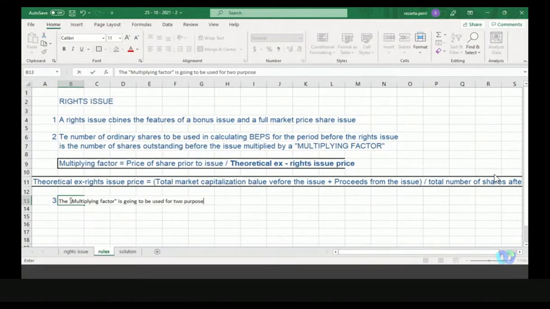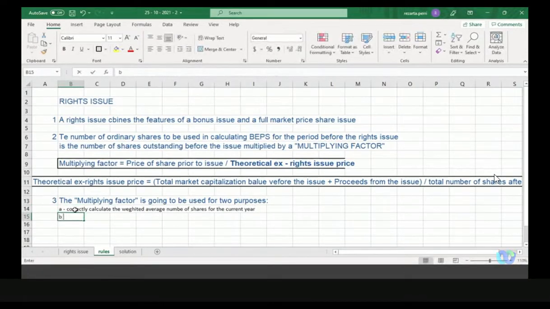This is exactly the same thing as in the case of the bonus issue. The multiplying factor first will be used to correctly calculate the weighted average number of shares for the current year.